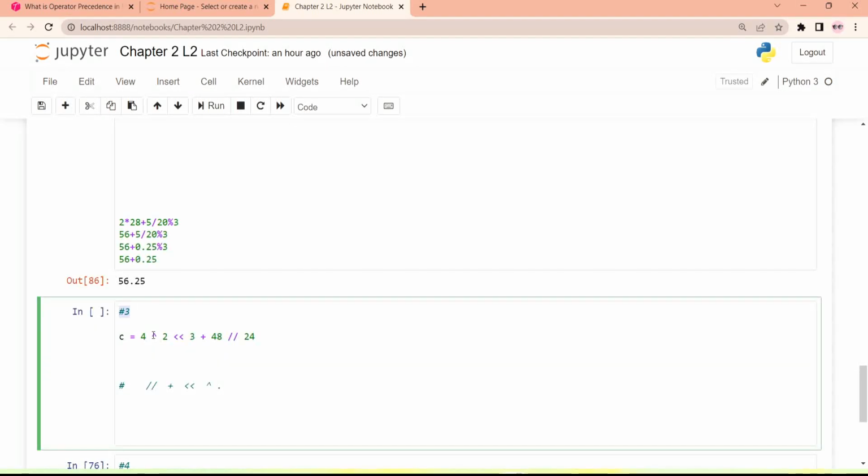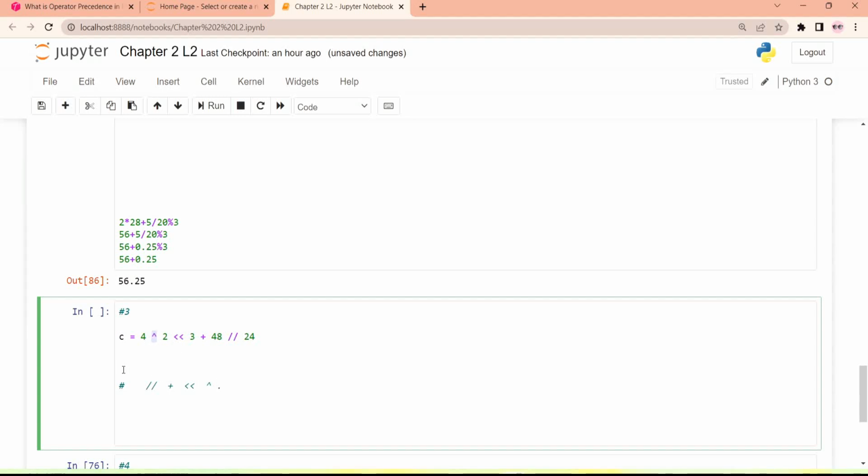When it comes to the third problem, we have 4 operators, and you can see that floor division has the highest precedence, whereas plus is the next priority, then the left shift, then the XOR.